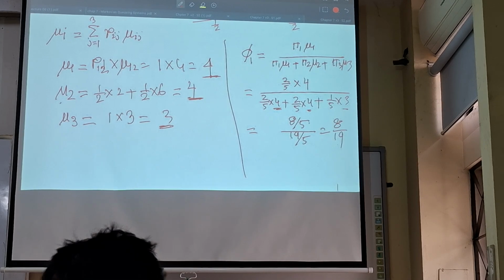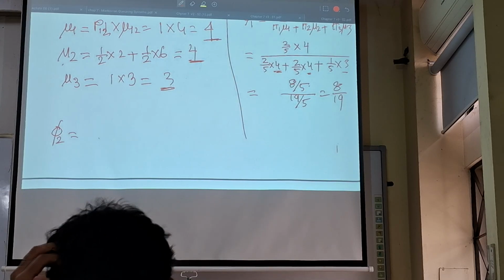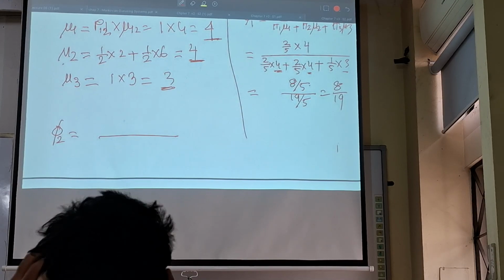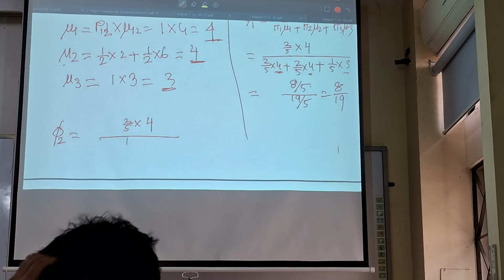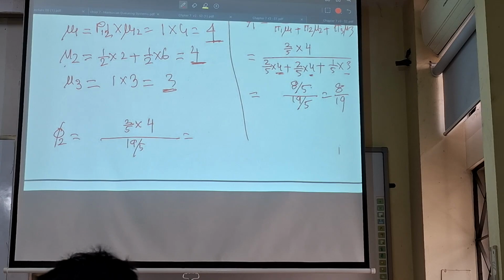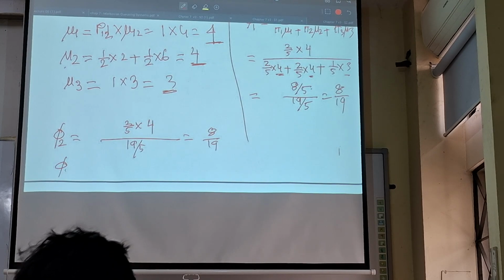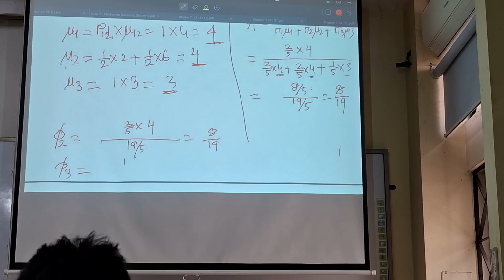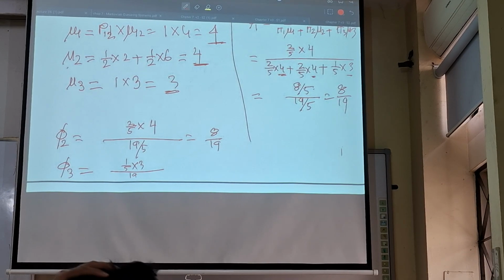Right? And phi 2? Phi 2 is 2 by 5 into 4, and underneath we have the same thing, 19 by 5, equal to what? 8 by 19. Phi 3 is 1 by 5 into 3, over 19 by 5.